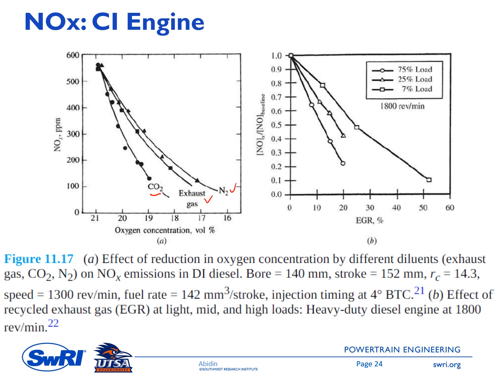And then the right side is showing the effect of recycled exhaust gas, EGR, at a light load, then mid load and high load. On all load levels, NOx emission decreases with the increase of EGR percent, and the effect of the diluent is high when the engine is operated at a higher engine load.